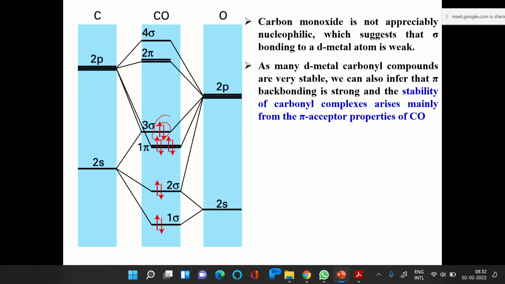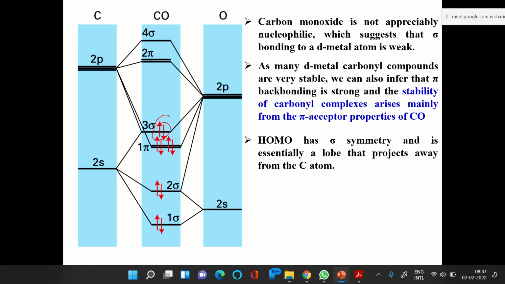Okay, and so donations. This is a scheme that you already know, we had discussed it. There is a donation of electrons through the sigma bond to the metal atom, and the metal having filled d orbitals, if they have suitable symmetry, can overlap with the pi orbital of the CO, and this is how back bonding occurs.